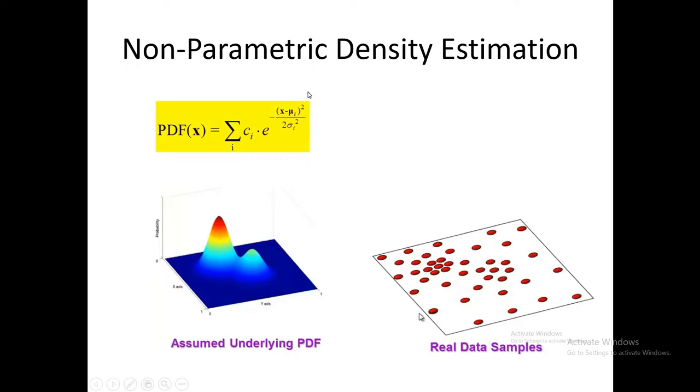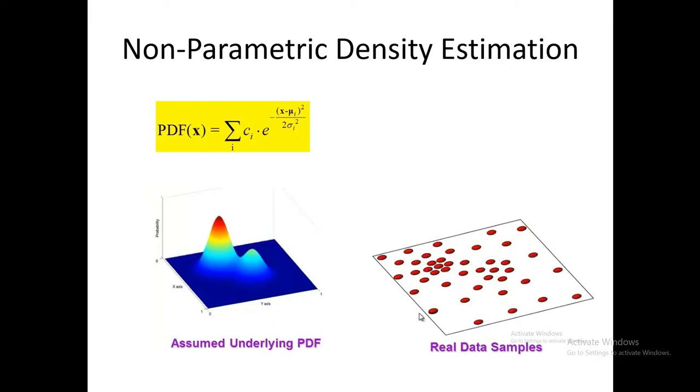This formula says that we look at the distance of x from all the sample points: the distance from mu1, from mu2, mu3, and so on. Based on the distance from x, we take the exponential and add these things up. Basically we estimate this PDF based on the exponential of the distance of the point from the given data points.